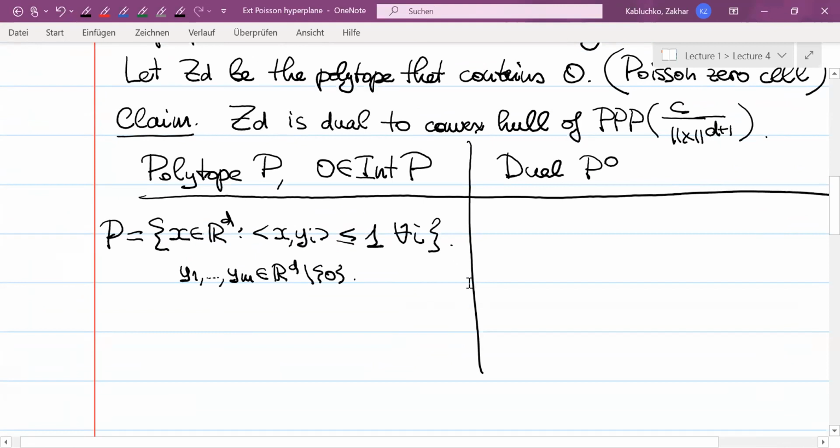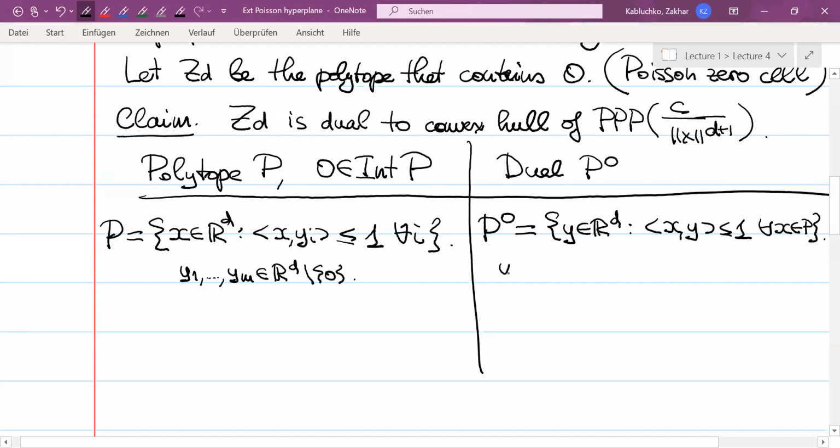Now, P is a set of solutions to a set of inequalities, and the dual polytope is the set of inequalities which are satisfied by all points of P. So P dual is defined as the set of all y such that xy is smaller than or equal to 1 for all x in P. So it is the set of inequalities satisfied by the polytope.